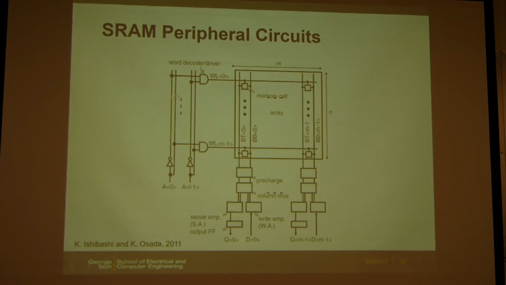If you look at the detailed design, for example, the decoder is just a standard logic. I guess you have learned that in the logic circuit classes. You have an n-bit address, and then you decode that to 2 to the power n rows. Before the signal goes into the array, typically we will have a driver here, because the word line sometimes can be very long, like tens of micrometers.